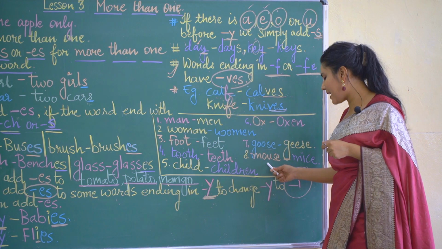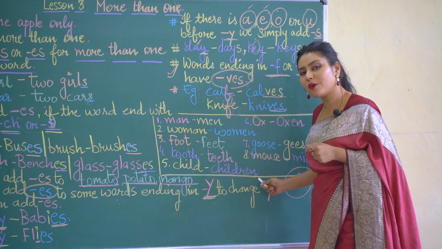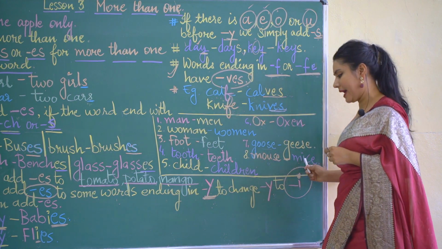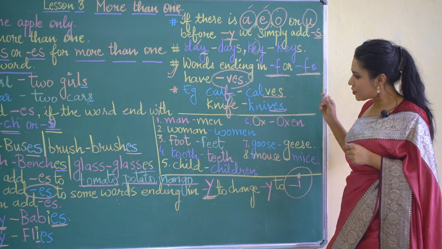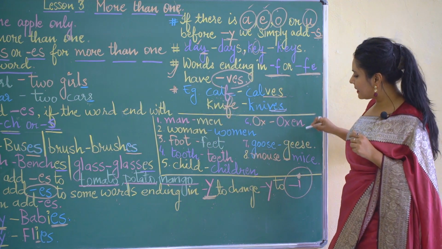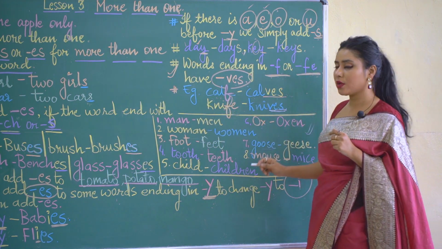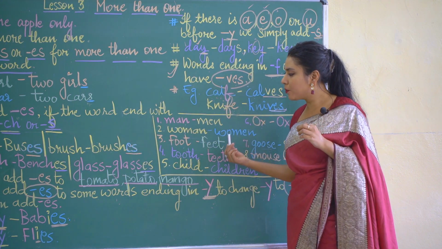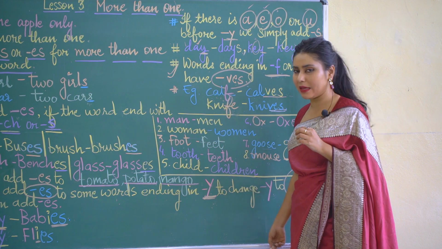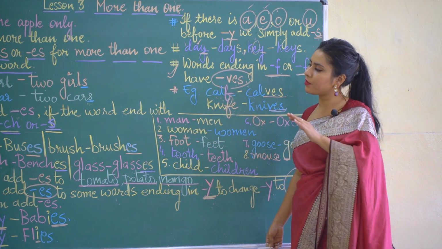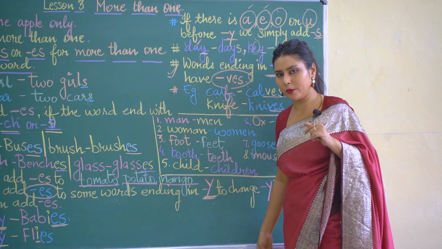You will always have mice, because the plural form of mouse is mice. You understand? So all these rules you have to keep in mind, but these 8 given in your book, you have to learn them by heart to understand the plural forms of these naming words that are specially written here, which are different from the other rules of your book.